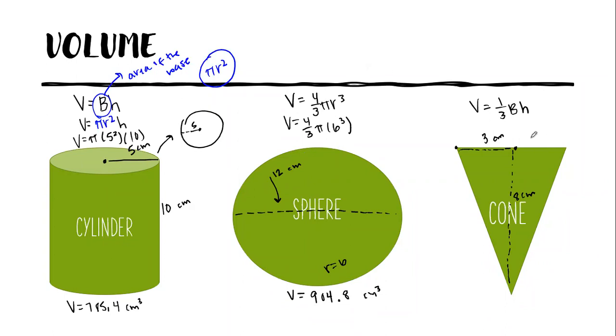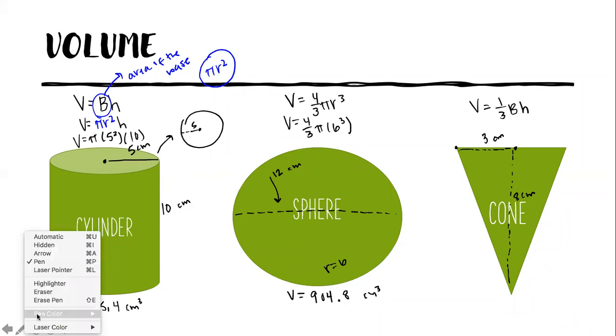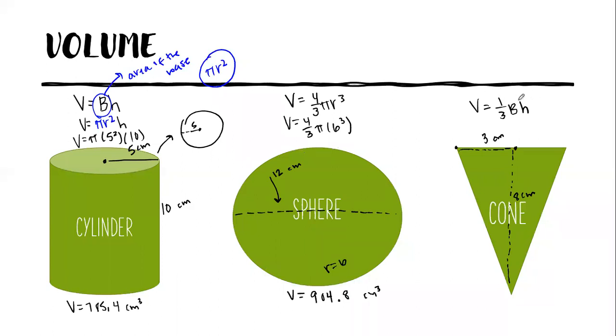All right, and then for a cone, the formula is volume equals 1/3 capital B times H. What does capital B mean? The area of the base. So what shape is the base on a cone? It's a circle.